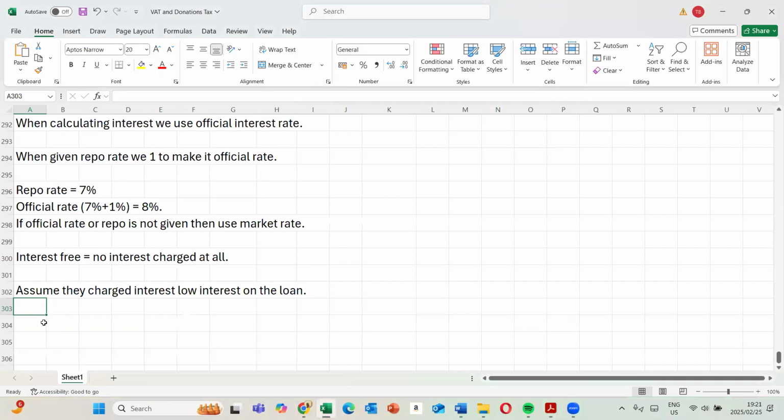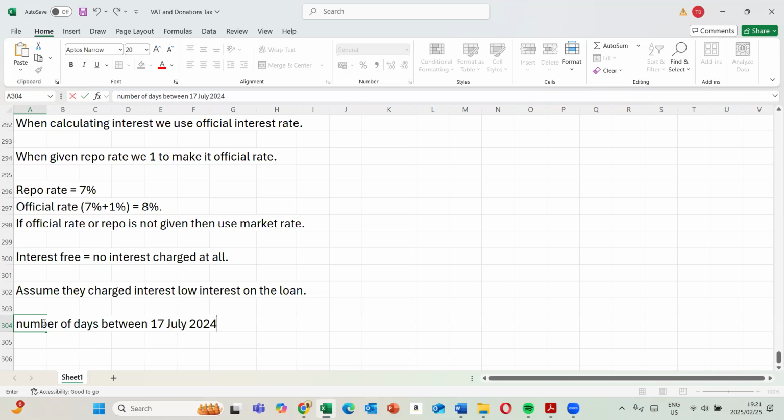So the number of days between 17 July 2024 up until 20th February. How do you go about it? You have to determine how many days there are.